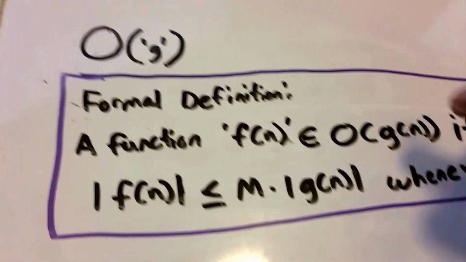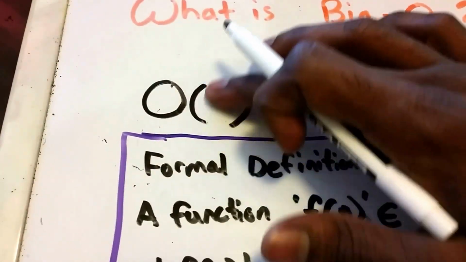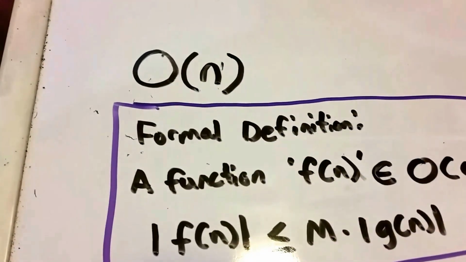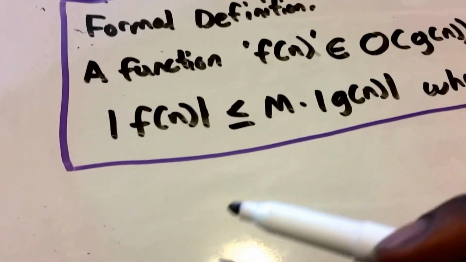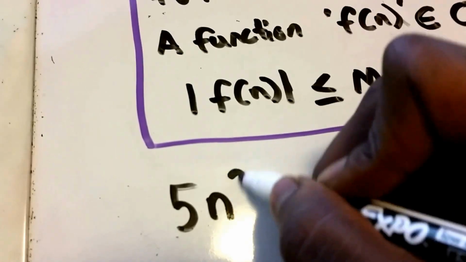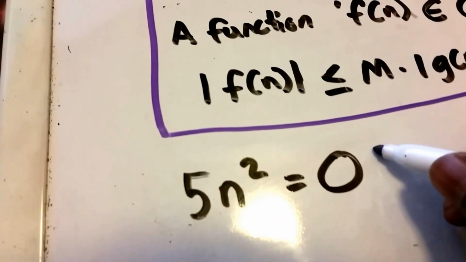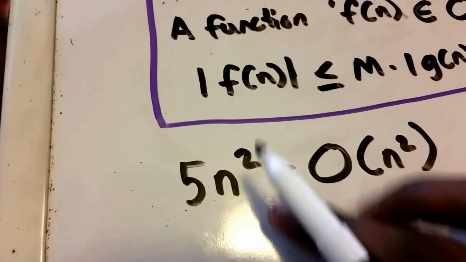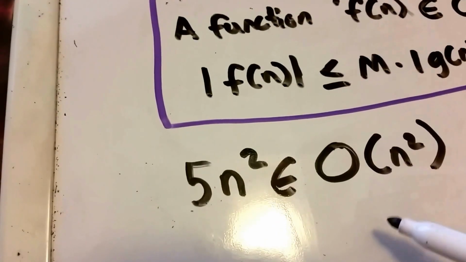And although I said that it has some function in here, you're probably used to seeing maybe the letter n here. So when we say 5n squared is equal to Big O of n squared, what we really mean is 5n squared belongs to Big O of n squared.